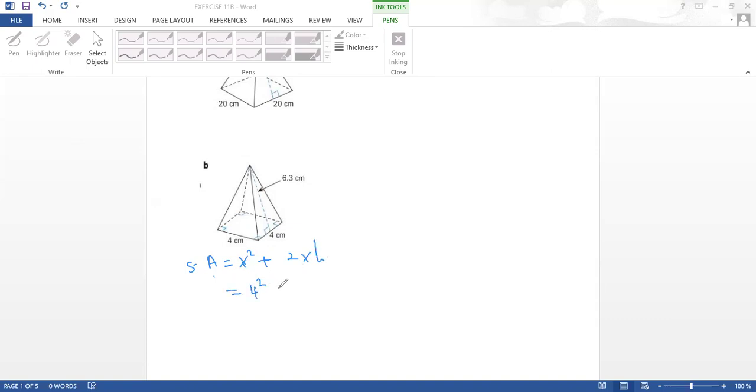This one will be 4 squared, then addition, twice the base multiplied by the height, which is 6.3. This is 8 times 6.3, and then 8 times 6.3, you get 50.4, then plus 16, you get 66.4 square centimeters.